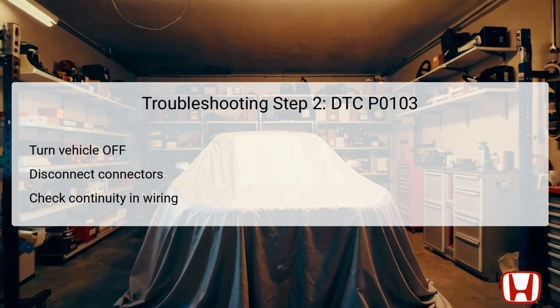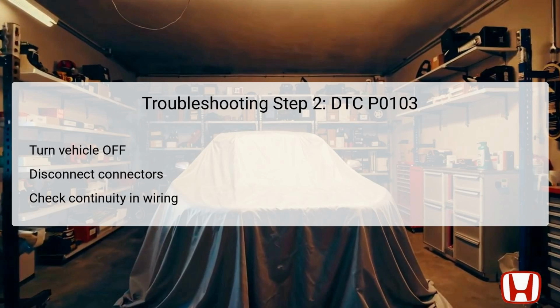The next crucial action is to check for continuity between test points within the disconnected connectors. Test point 1 will be the MAF sensor IAT sensor female terminal number 2, while test point 2 will be PCM connector A, pin number 21.